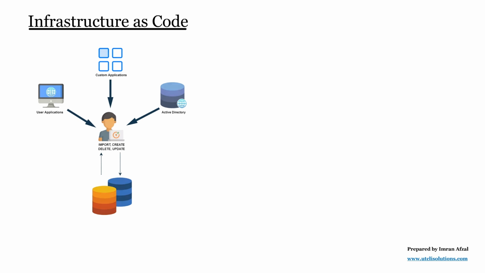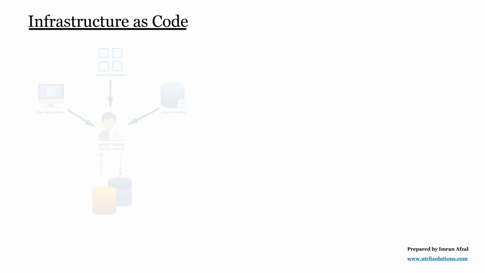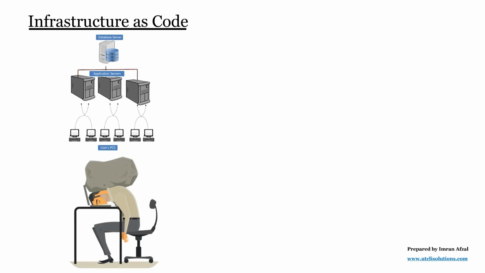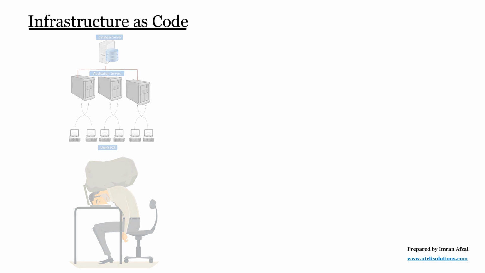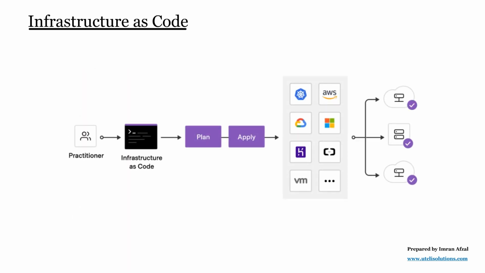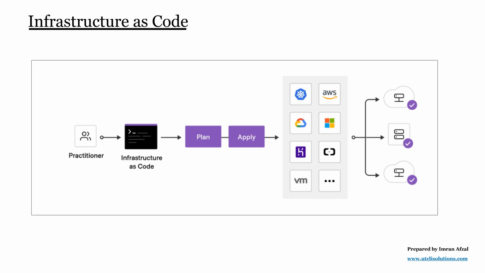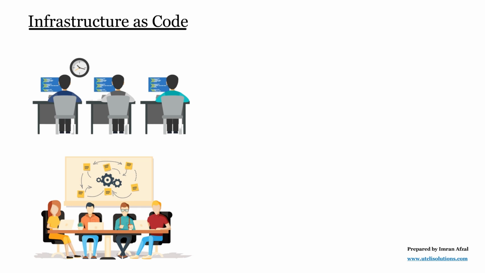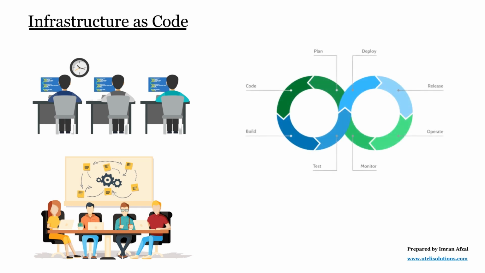In the pre-DevOps days, the infrastructure was set up manually, one by one, which was tedious work. Now, with DevOps IAC practices, the provisioning of infrastructure is all automated by writing code, and that is called infrastructure as code. This approach is used by software development and IT operations teams together to streamline and automate the process of delivering and managing software systems.